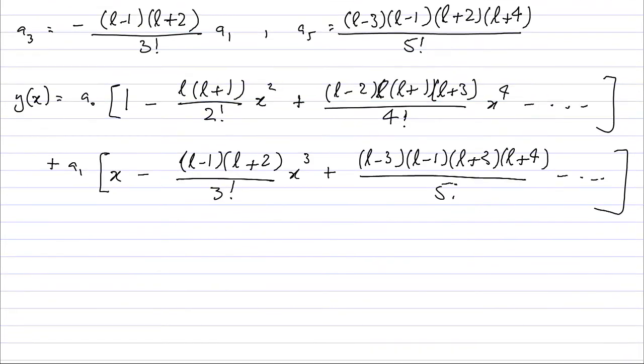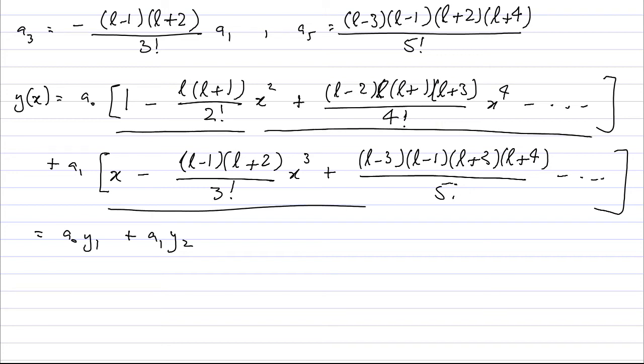So I can write this solution as A naught y1 plus A1 y2, where y1 is the power series in the first square bracket and y2 is the power series in the second square bracket.